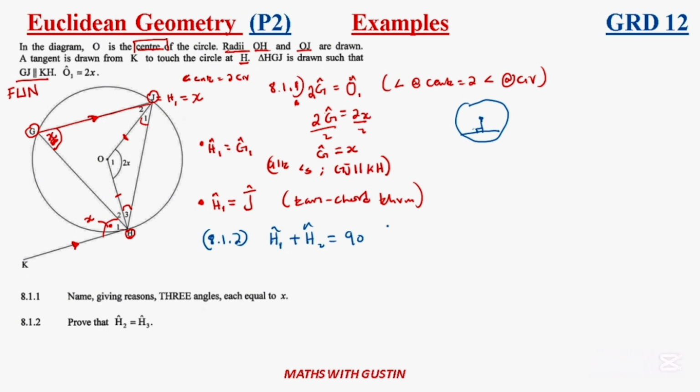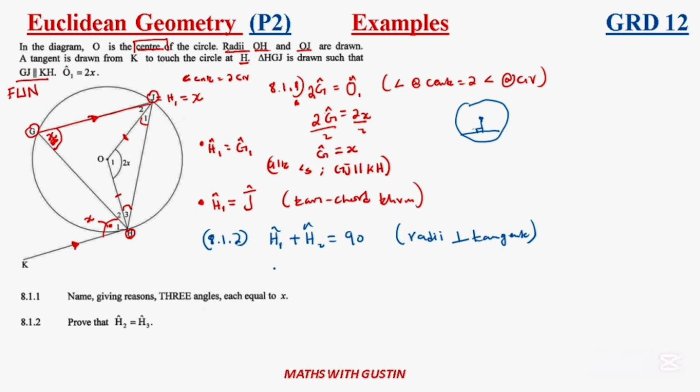Reason being, you have the radius, or radii, they normally say radii is perpendicular to the tangent. So it's perpendicular to the tangent.